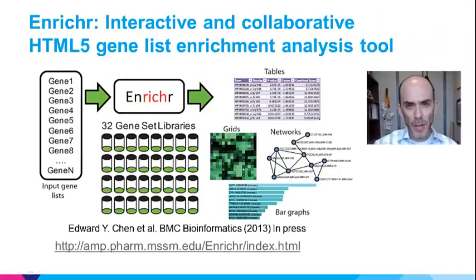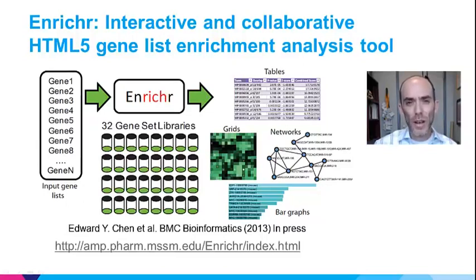So we have implemented this approach in a tool called Enrichr. And Enrichr has been a very popular tool. Every day there are about 100 to 200 lists that people upload to the system. So there are right now 34 different gene set libraries in Enrichr, falling into 6 categories that include transcription, pathways, ontologies, drugs and diseases, cell types, and miscellaneous.